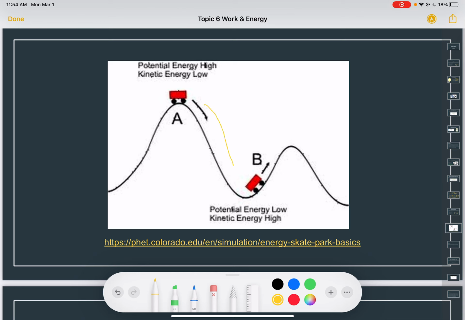So as it's going down here, this kinetic energy is going to go up, which means its potential is going to go down. So when we look at this, potential energy is pretty low at the bottom, but our kinetic energy is pretty high. And that's sort of how that relationship between potential and kinetic works.